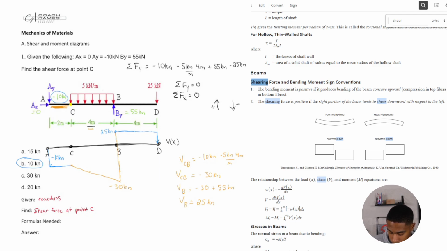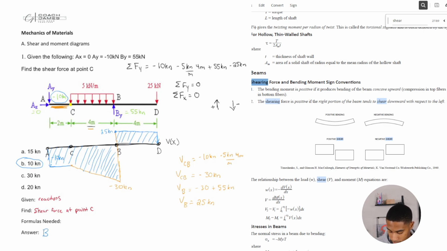And it's important to note that the area underneath this is level 2 stuff. The area underneath is your moment. You're going to use that for moment and max moment, stuff like that. Right now, we're just looking at shear, so our answer was B.